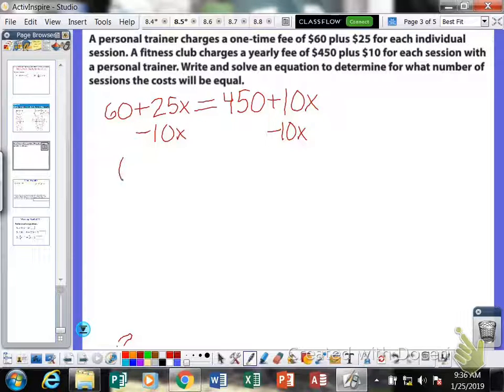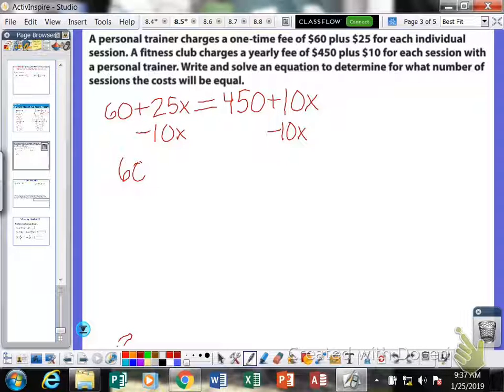That's going to leave me with 60 plus 15x equals 450.